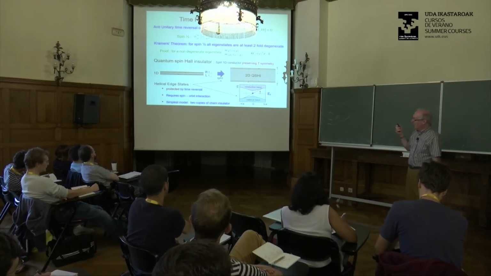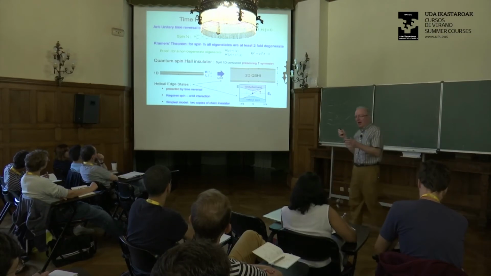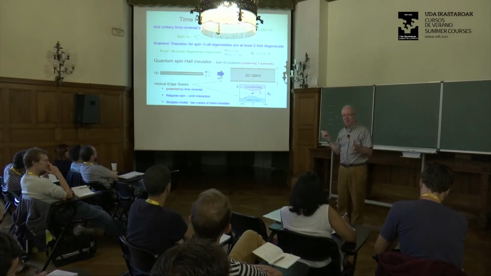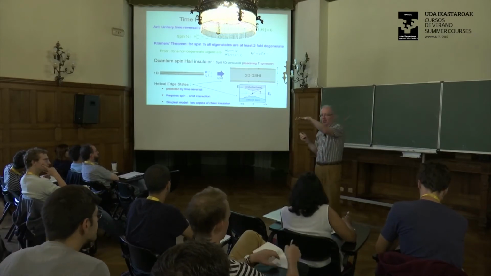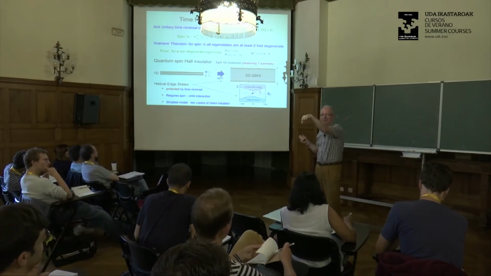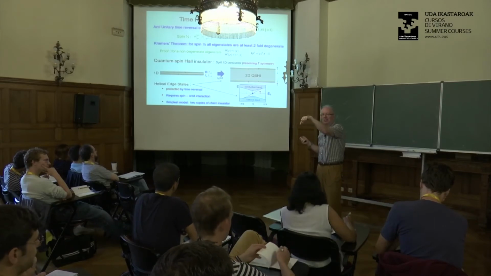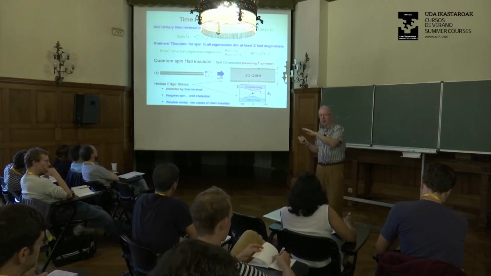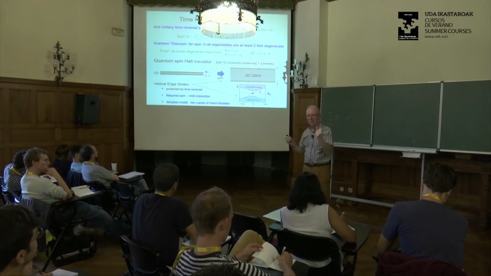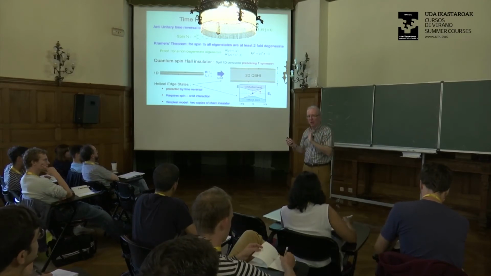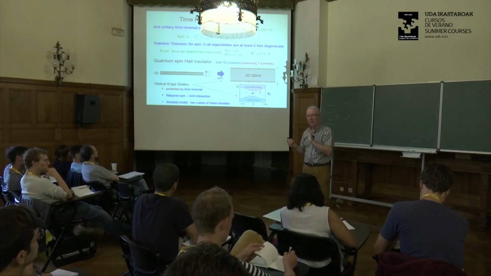Now, if you don't have a spin-orbit interaction, that's kind of a trivial statement. You're used to thinking you can put either an up spin or a down spin in every state, and those two states have the same energy. But when you have a spin-orbit interaction, you can't think about the states and the spins separately. So with spin-orbit interaction, Kramers' theorem is a little bit deeper.